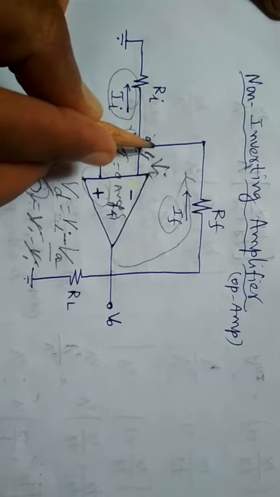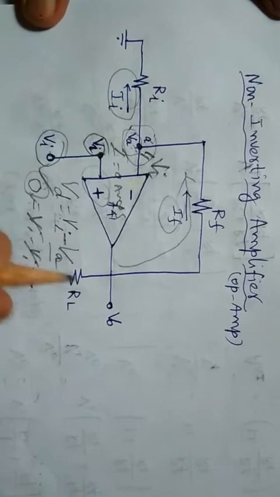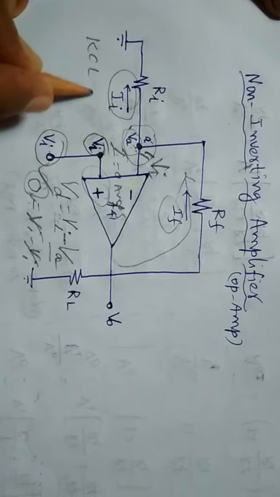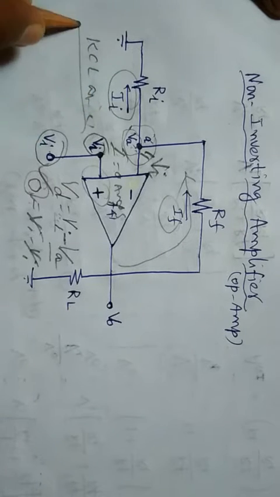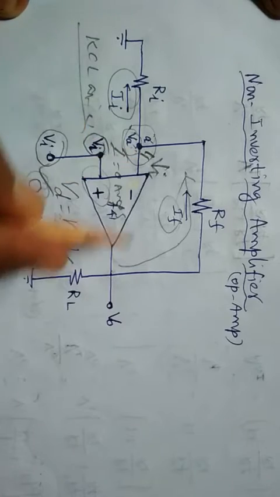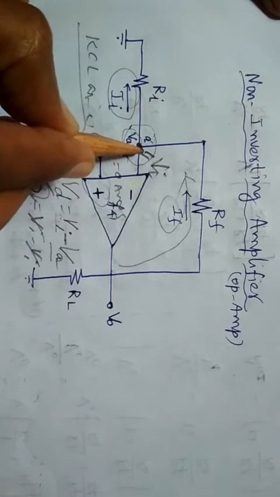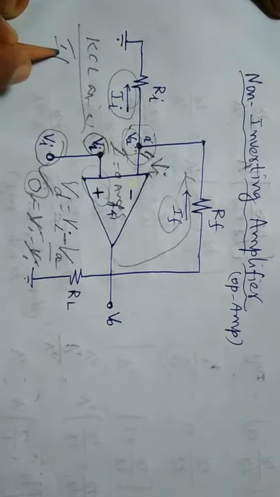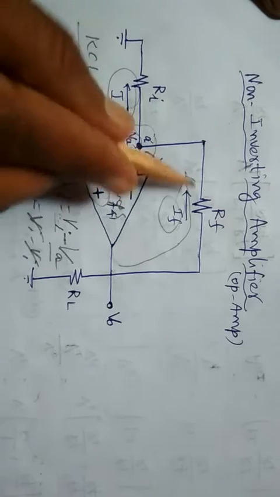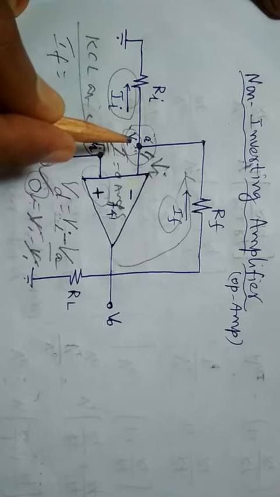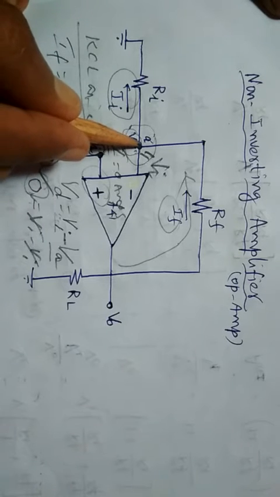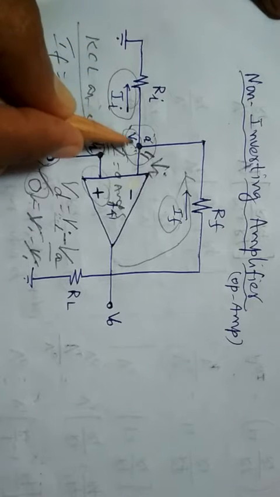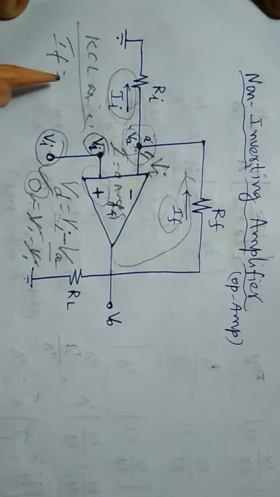So if we apply Kirchhoff's current law at this node A, KCL at A gives the sum of the currents entering the node equals the sum of the currents leaving the node. First, current If is entering the node, the only current entering, equals the sum of the currents leaving the node. From node A to ground, Ii is leaving node A.